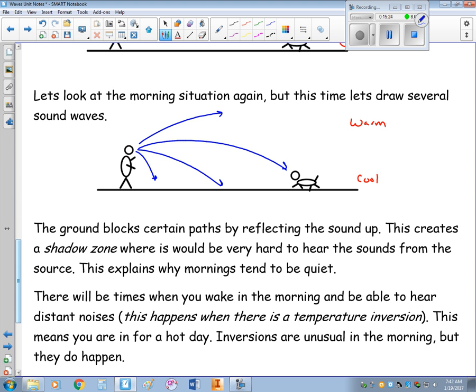This creates a shadow zone where it would be very hard to hear sounds from the source. And this also helps explain why the mornings would be kind of quiet. Also, in the morning, we tend to have this temperature inversion because the ground is still cool from being at night, and then suddenly the air starts warming up from the sun. So we would have another one of these inversions here, and mornings tend to be kind of quieter.